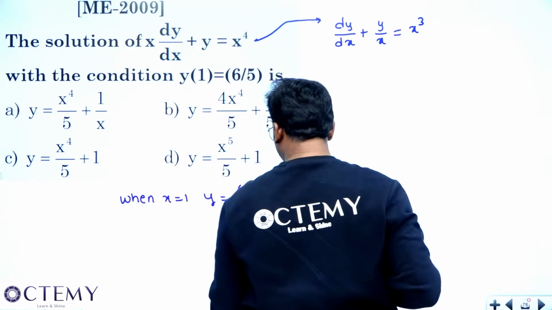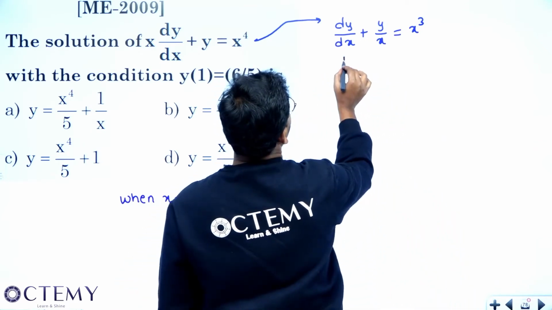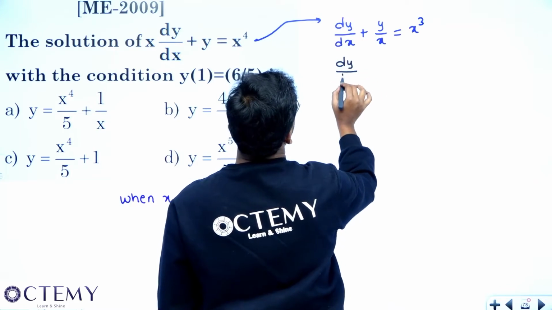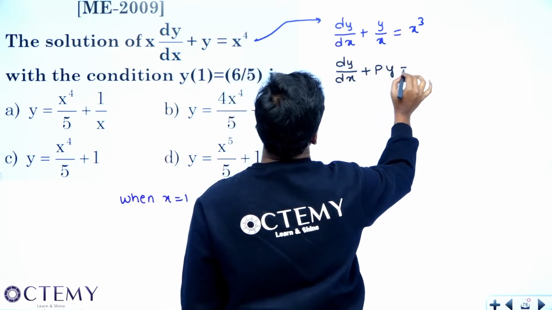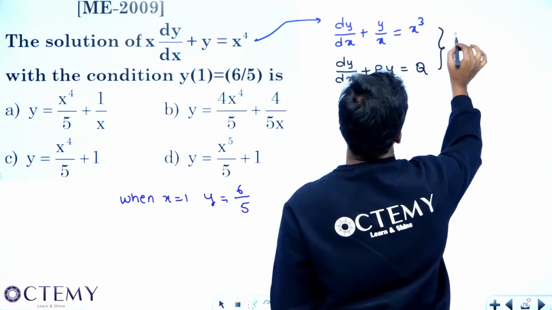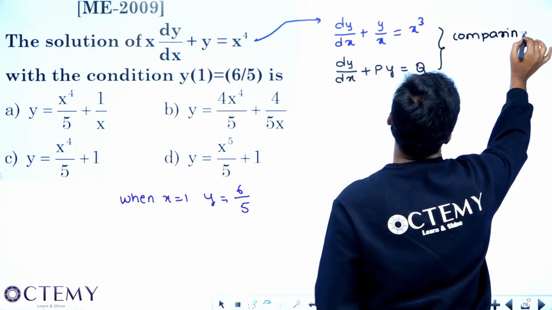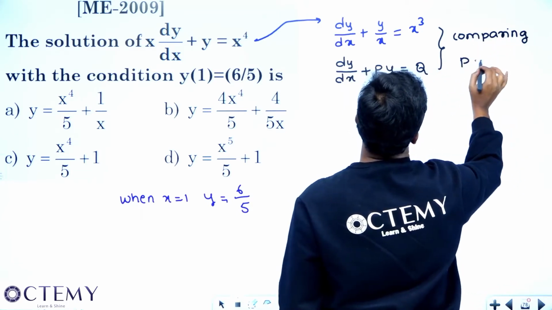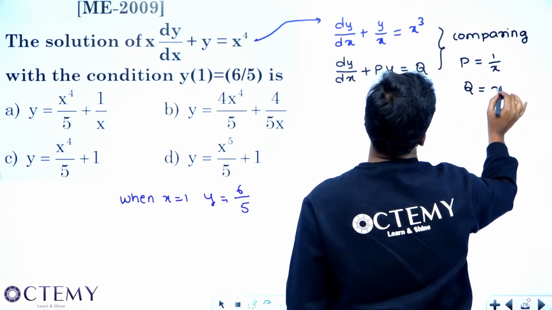Now if you compare it with the standard linear differential equation, that is dy by dx plus p into y is equal to q, you will get p is equal to 1 by x and q is equal to x cube, right?